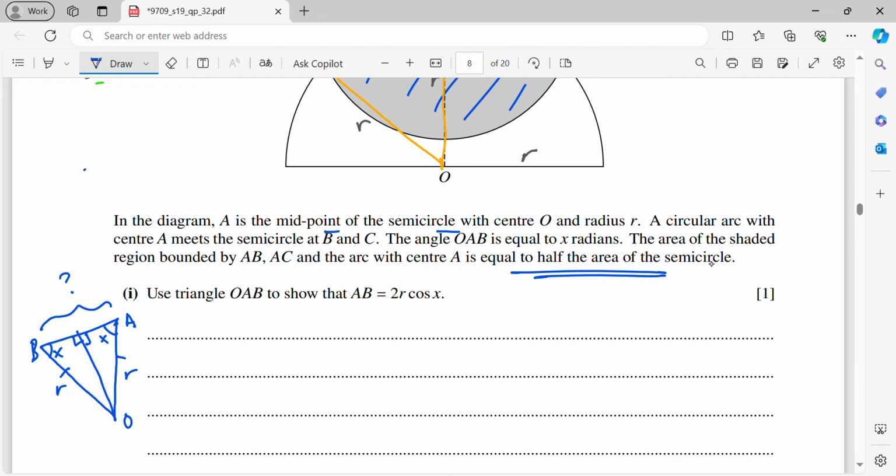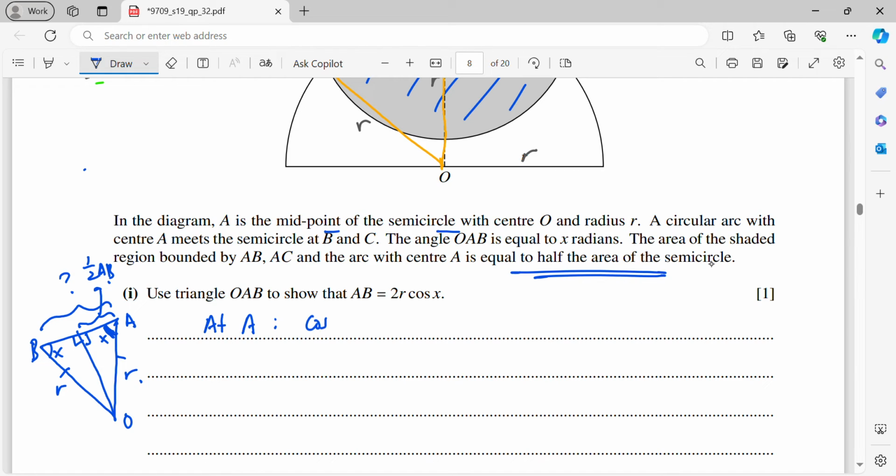So I will say at A, now I do not know what this length is, but that will be half of AB. So the x has an adjacent side of half of AB, and then a hypotenuse of r. Adjacent and hypotenuse is basically cos.